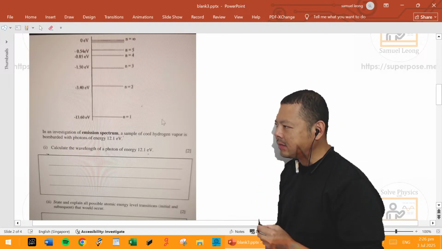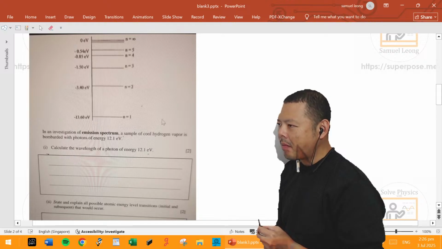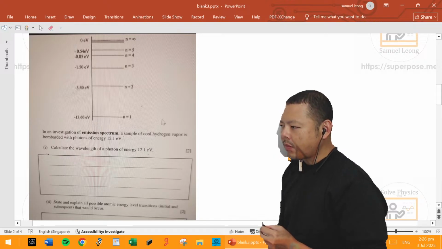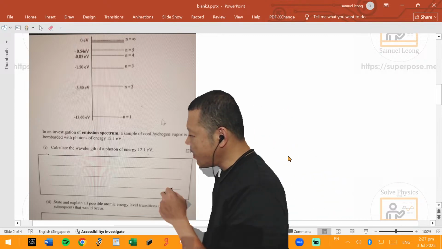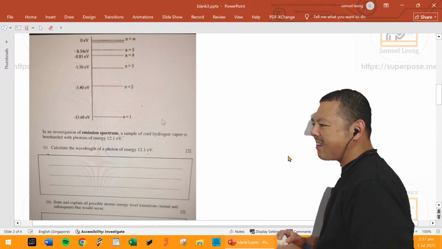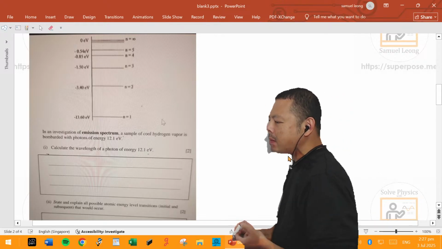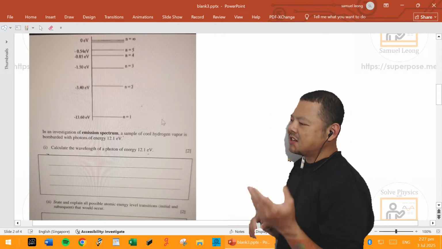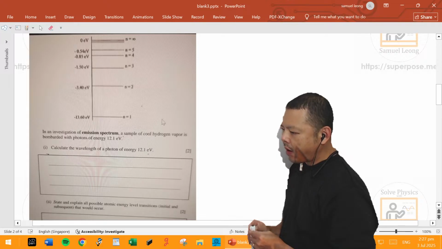SJI. Oh, that one's a workbook. Yeah, that was a workbook. Oh, you're getting questions from there. Oh, because you've done the others also.